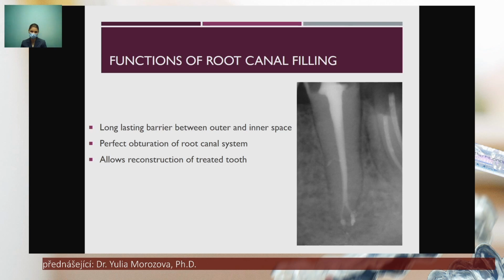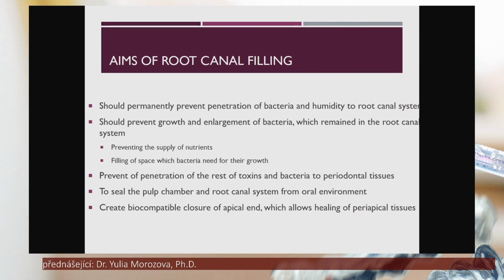And also, a tooth with root canal filling is able to be reconstructed with respect to the crown part. So these are the main functions of root canal filling obturation.